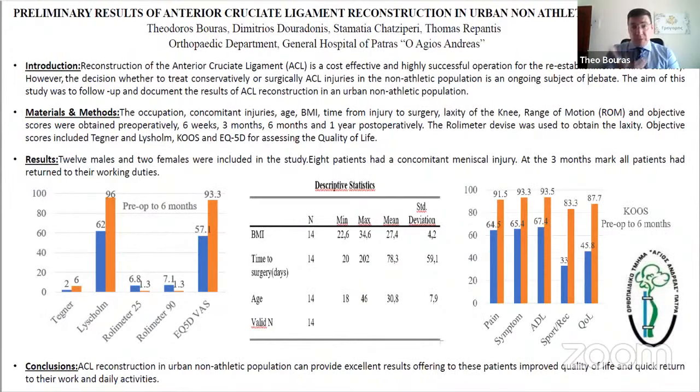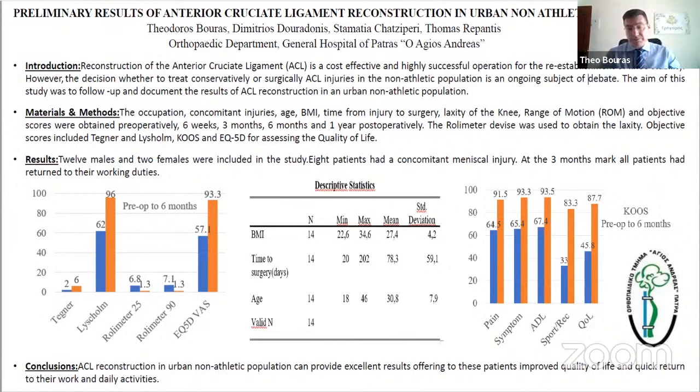These are the preliminary results of our series. We have small numbers yet, but we are working on that. And we have reported mainly results for a non-athletic population, people that live and work within the city or in the suburban area of the city, farmers, delivery boys, people that work in logistics, and they injured themselves during transportation or at work.